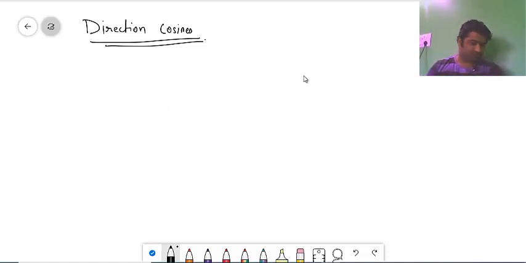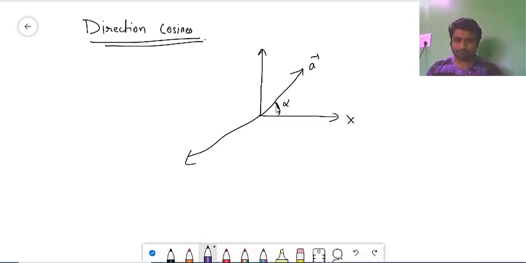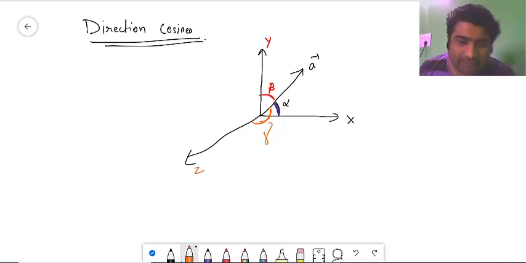If this is my x-axis, this is my y-axis, and this is my z-axis, let us assume that there is a vector A which is making angle alpha with x-axis, angle beta with y-axis, and gamma with z-axis.